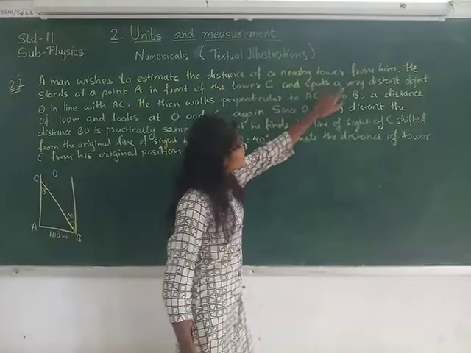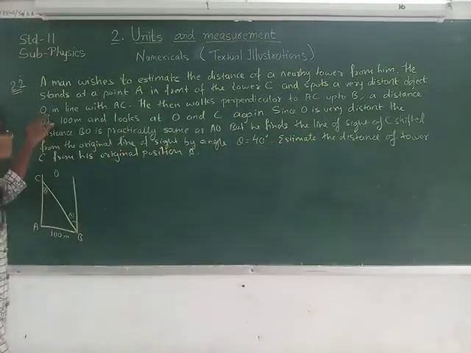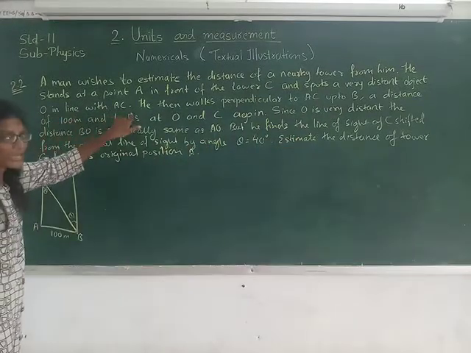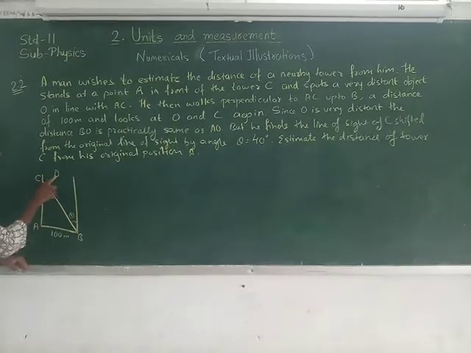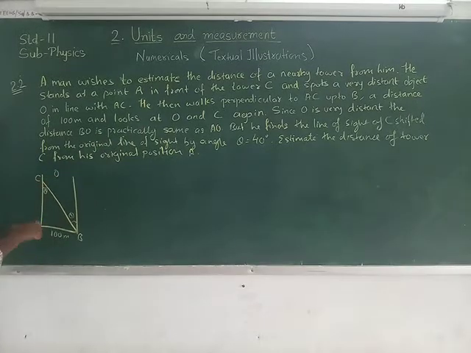And spots a very distant object O in line with AC. That means this object O is very far away from the tower also, and he sees it from his position, that is at A.